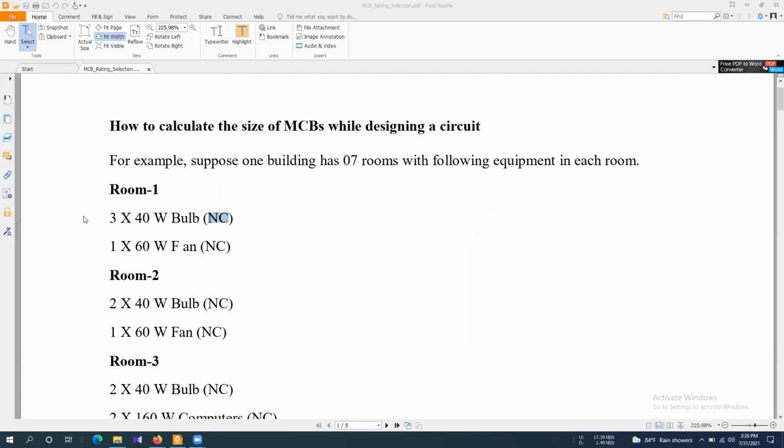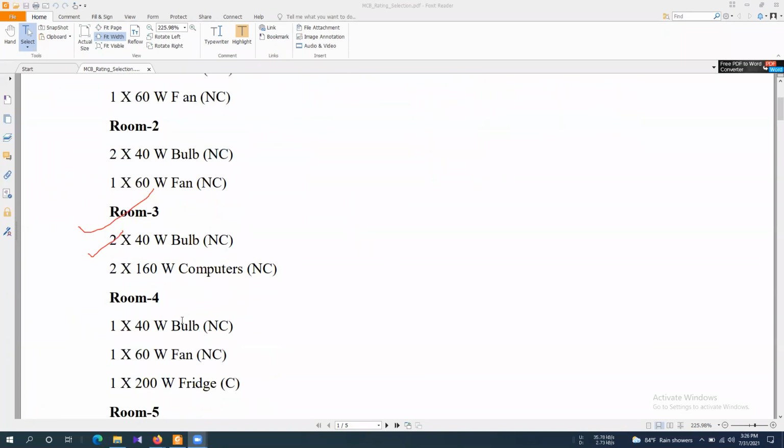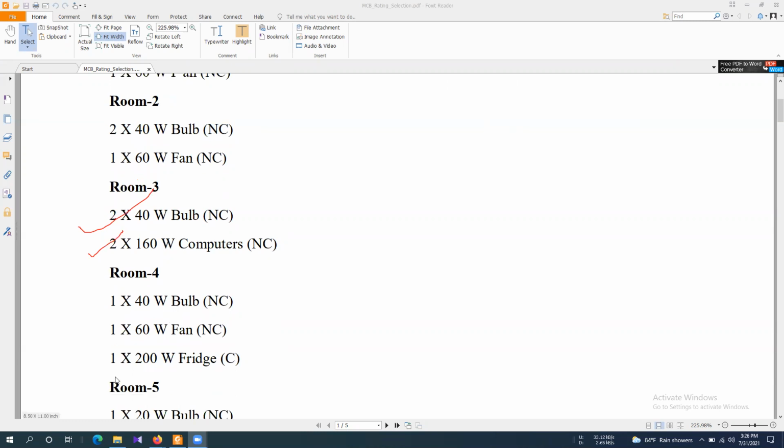Like in room 1, you have 3 bulbs, and the bulbs are non-continuous type. Then 1 fan, which is non-continuous type. Similarly, room 2, room 3 and room 4 have their classifications. Here is the important factor. Take a closer look: the fridge is a continuous type of load.